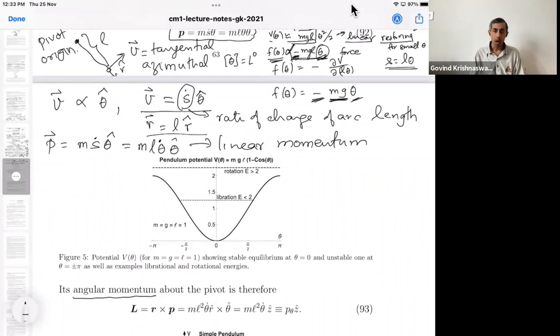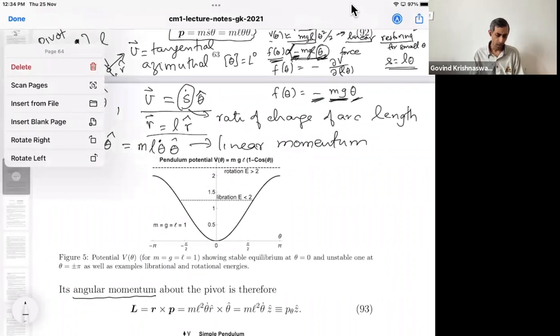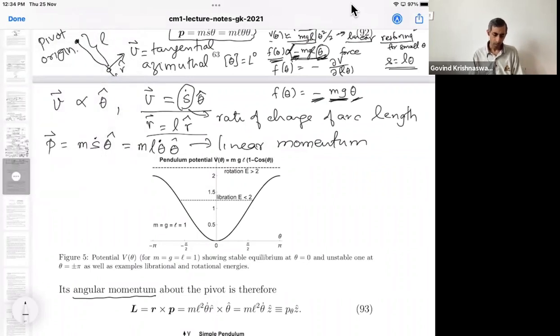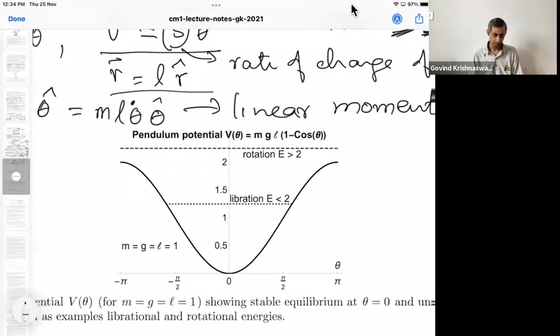By the way, before I proceed, I wanted to mention one more thing in this figure which I did not do before. In this figure I have used the convention of going from minus pi to pi in theta. This is the regime of linear restoring forces, and this is a more nonlinear regime. But here the angle is still confined to a certain range around theta equal to 0.